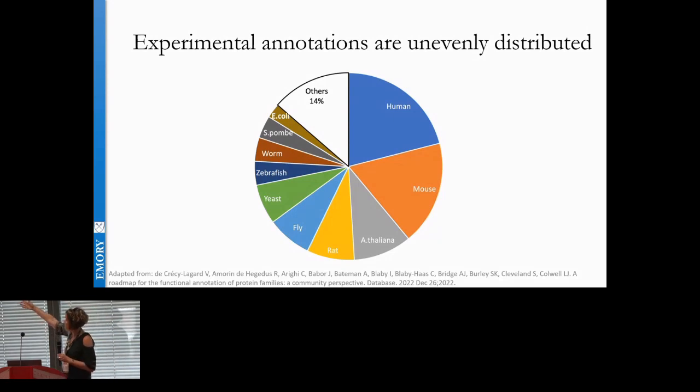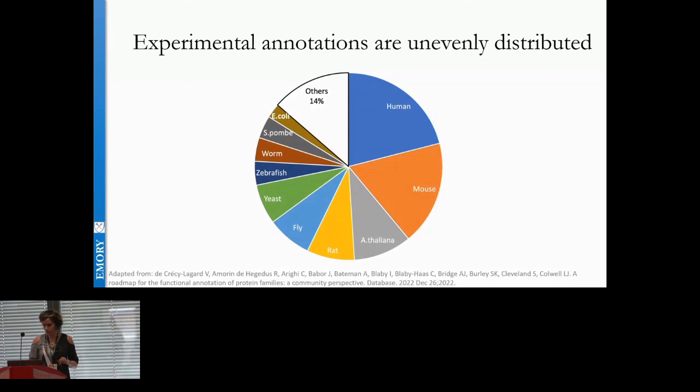And then we have mouse and Arabidopsis and rat, and all these other wonderful model organisms that are up there. So E. coli, which is actually also really well annotated, is only about 2% of GO data, right? So if you are interested in microbes, which I am, tough luck, right? So there really isn't very much experimental annotation for microbial organisms out there. And others make up 14%. So every other organism you can think of is in that 14% of GO annotations, right?